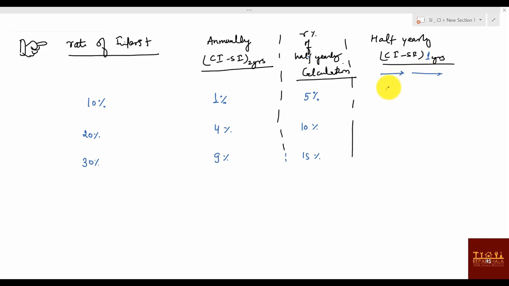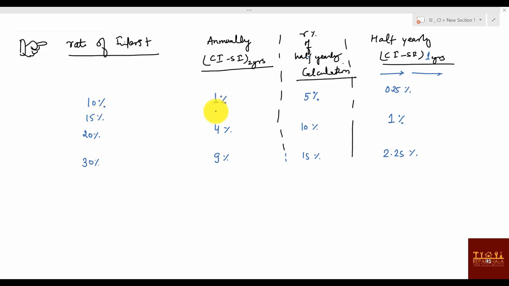So the difference is 0.25%. For 10%, it is 1%. If I talk about 30%, it is 15 and 2.25, so the difference is 2.25%.